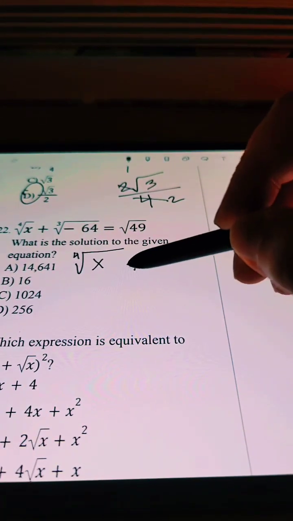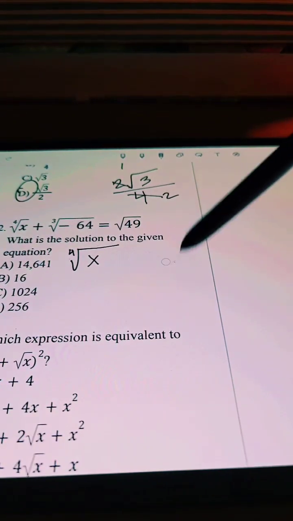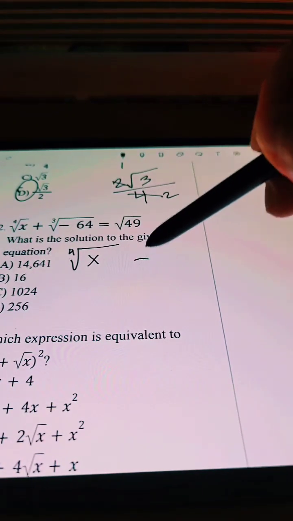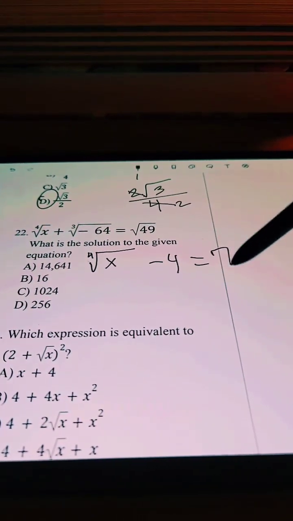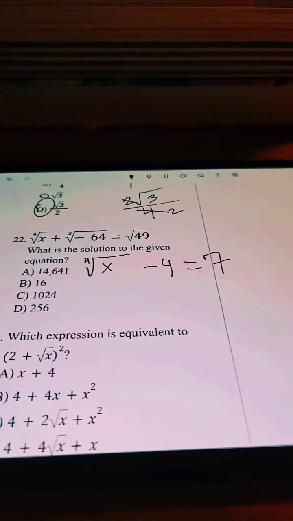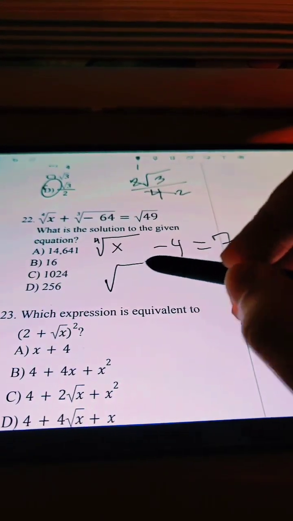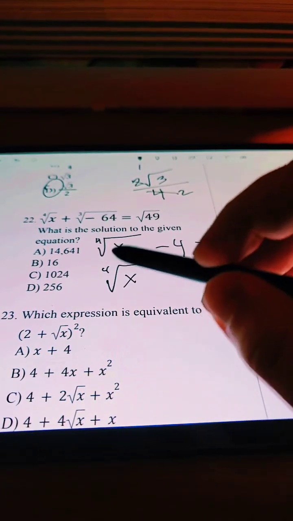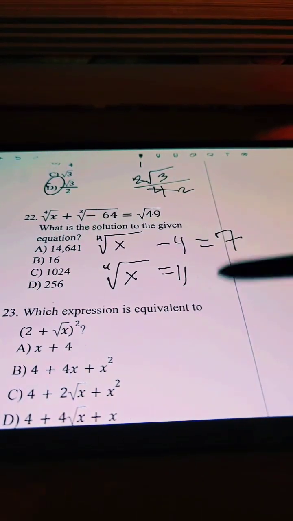I'm not going crazy. So plus negative 4, which is the same thing as just minus 4. And then I know that the square root of 49 is just going to be 7, because 7 times 7 gives you 49. So now I'm going to add 4 to each side. So then I'm going to get that the fourth root of x is equal to 11.